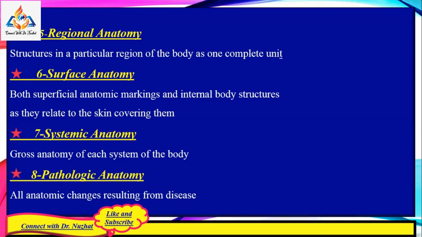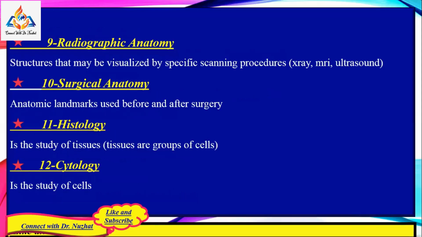Eighth one, pathologic anatomy, all anatomic changes resulting from disease. Ninth one is the radiographic anatomy, the structures that may be visualized by specific scanning procedures such as X-ray, MRI, ultrasound, etc. 10th one is the surgical anatomy, anatomic landmarks used before and after surgery.